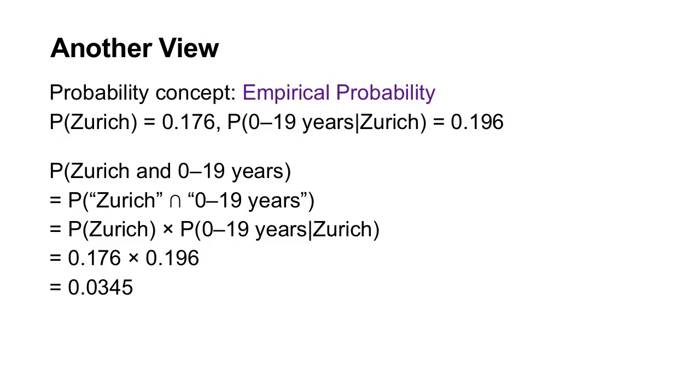And now, if we use the multiplication rule, the probability of Zurich and 0 to 19 years old is then the probability of Zurich times the conditional probability 0 to 19 years given Zurich. You do the math, 3.45%, exactly what you did with your gut feeling before. So this abstract looking multiplication rule in conditional probabilities is actually an everyday concept, a proportion of a proportion, and then we multiply.